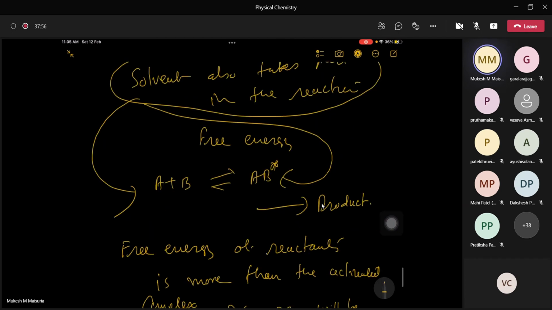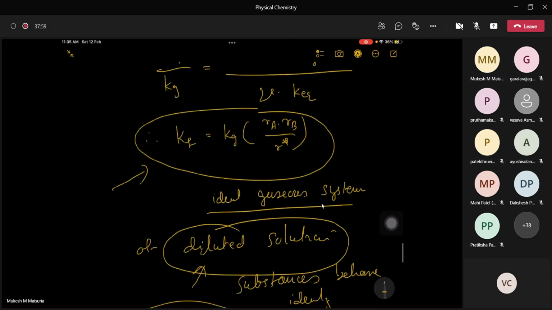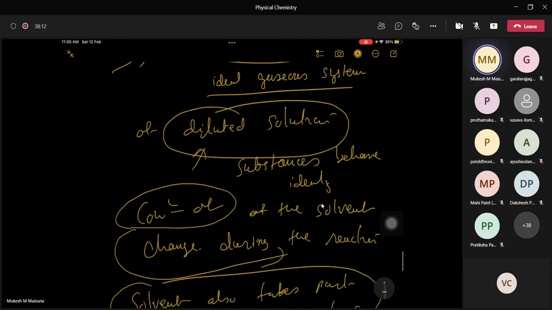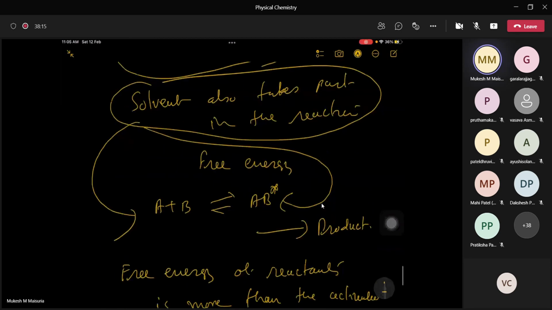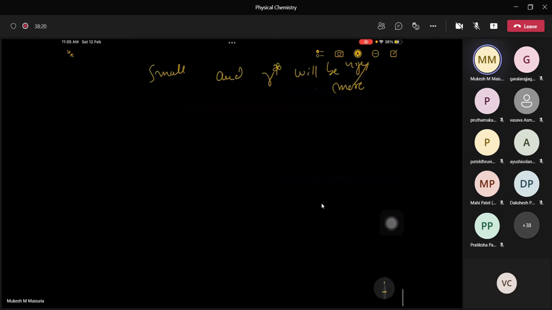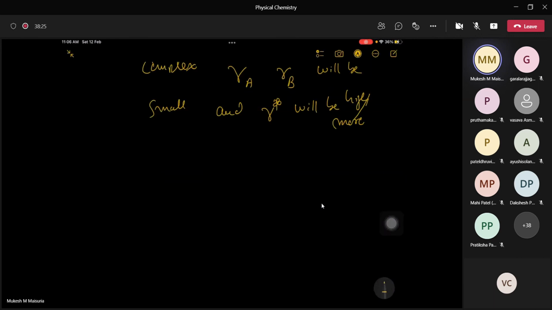So if you consider this equation, if this value is very high compared to this, then this value decreases. Understand? So the rate constant becomes smaller in solution than in the gas phase reaction. We have considered two types of reaction, one in the gaseous phase and the other in solution.